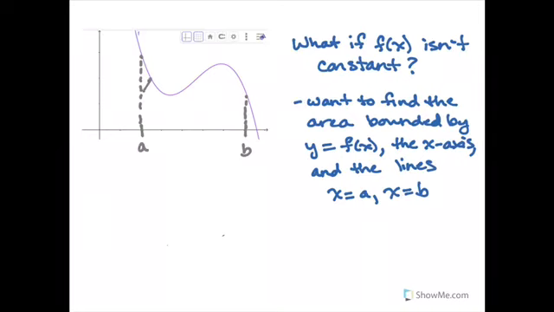So I want to find the area beneath that function, with a base of the x-axis and then bounded by the lines x equals a and x equals b. Well, how are we going to do that? That's not a geometric shape that we have a formula for.